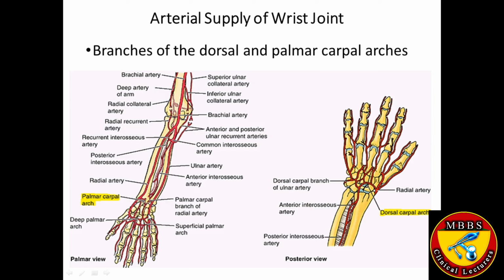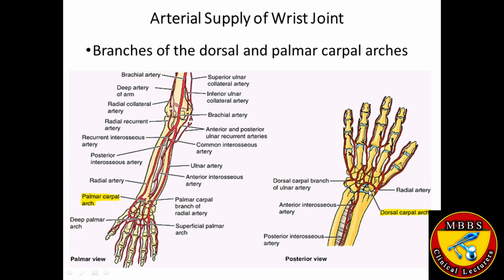Here in the palmar view, you can see the radial artery coming from one side and the ulnar artery from the other. The palmar carpal branch of the radial artery forms a loop around the wrist joint, and from the loop it gives terminal branches which go towards the phalanges, and at the site of the wrist joint it gives small twigs to the wrist joint as well. This is the palmar carpal arch.